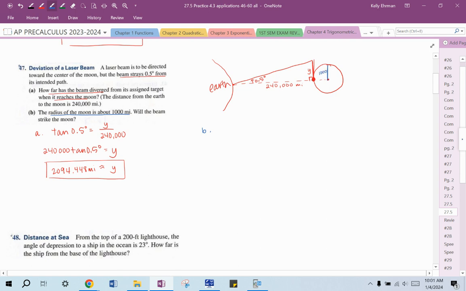So no, because by the time it hits the moon, it's more than 1,000 miles off course. Since I know that it's 2,094 miles, it's going to miss the moon by 1,094 miles.